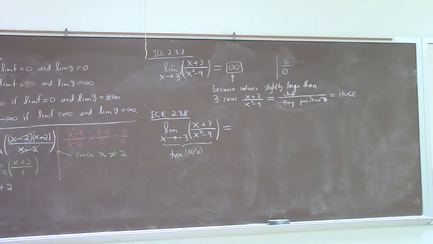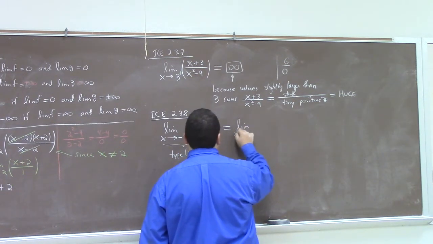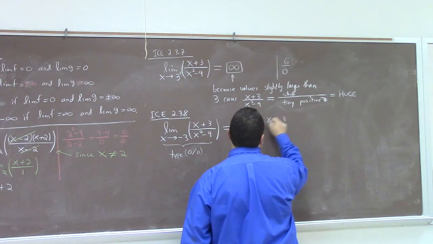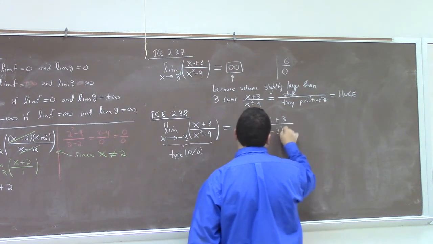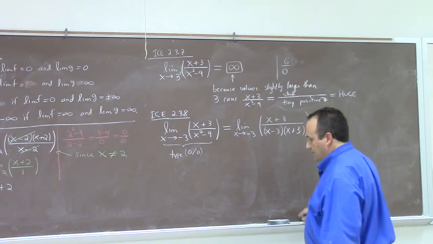What should we do? Split up x squared minus 9. How's that factor? x minus 3 times x plus 3. Lovely.